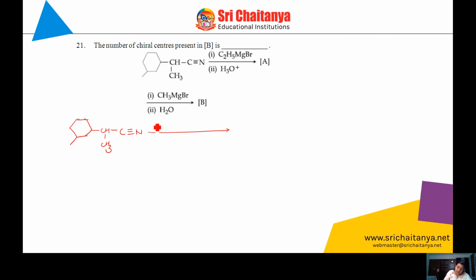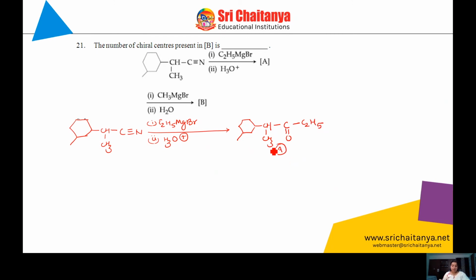That's C2H5 MgBr, use of Grignard followed by hydrolysis. It is a method of preparation of ketones, that is given in NCERT. I am proceeding. CH3, C double bond O, C2H5. This is my structure A.